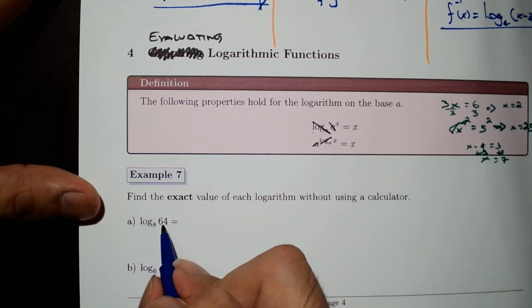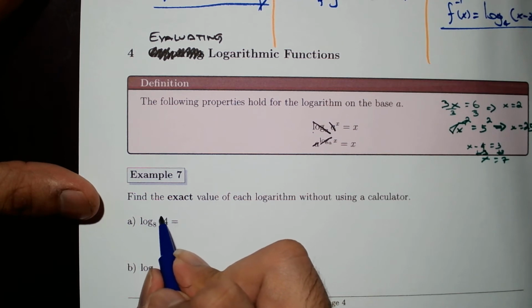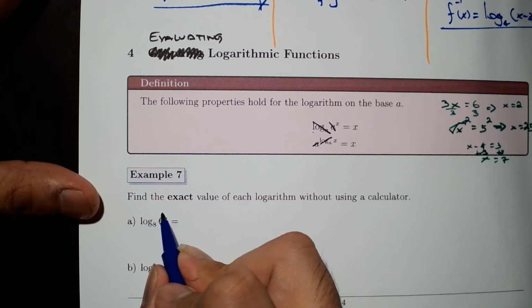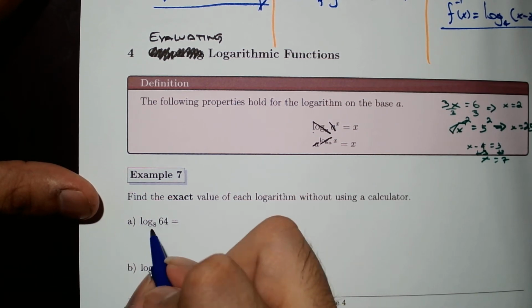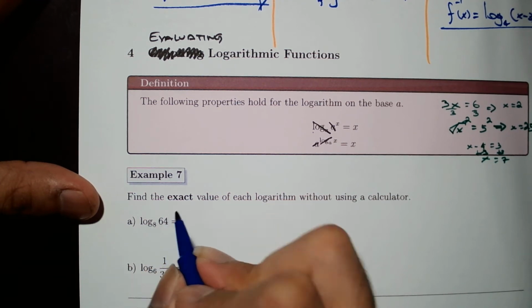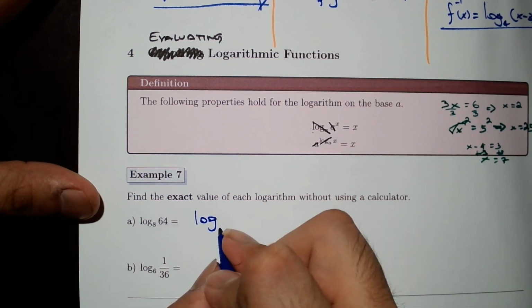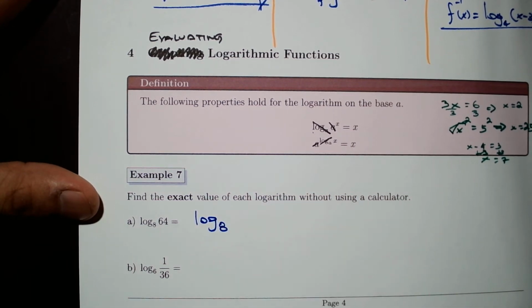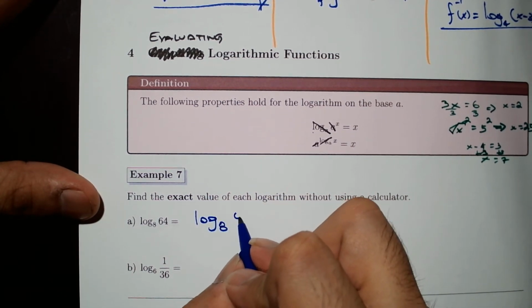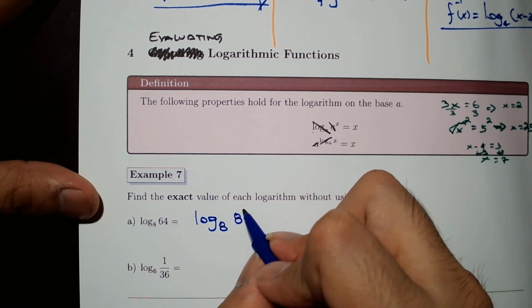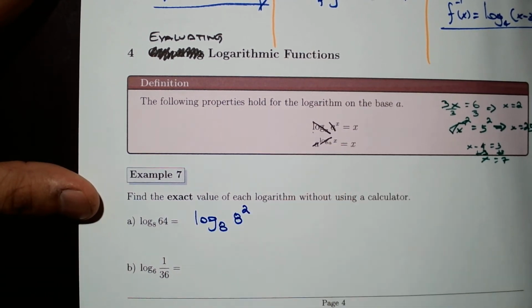We are going to try and write the number that we want to evaluate, in this case the number 64, as a power of 8. What do we mean? For example, log base 8: can we write the number 64 as a power of 8? If so, what would be that power? Well, 8 squared.